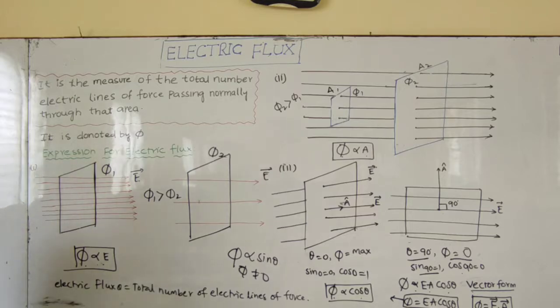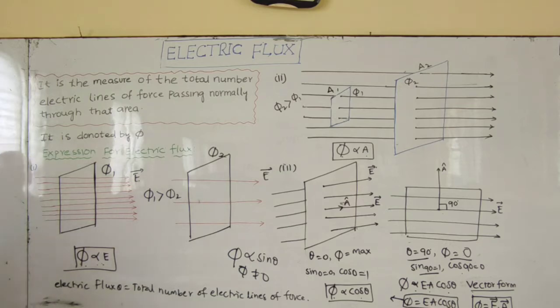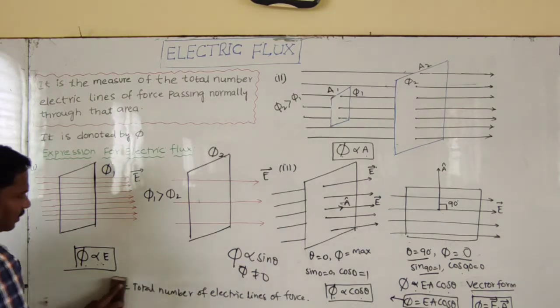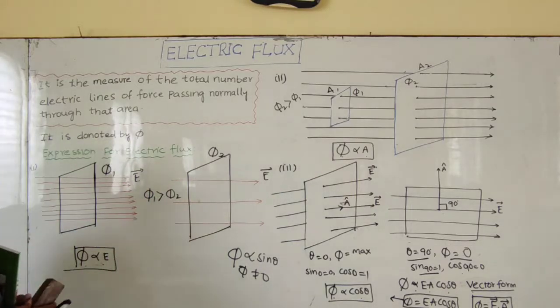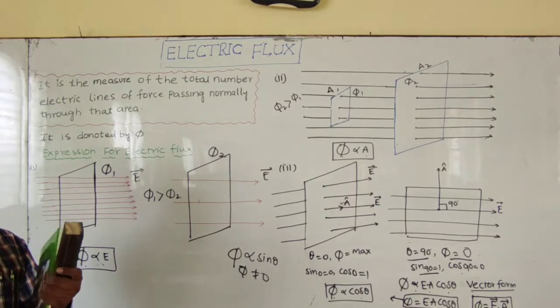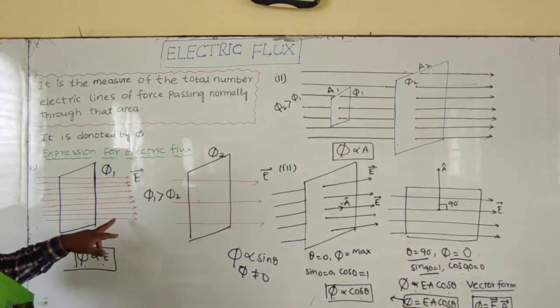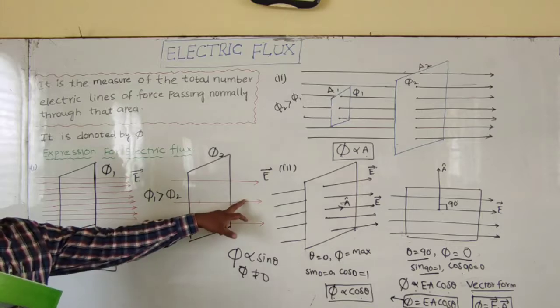Next, the expression for electric flux. In the first experiment, keeping the area of the loop constant, we are varying the electric field lines.